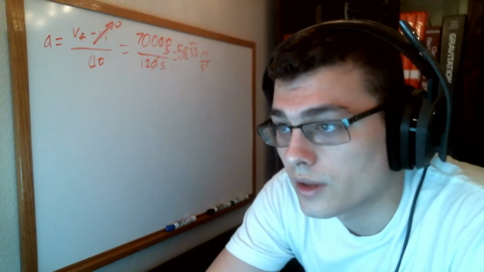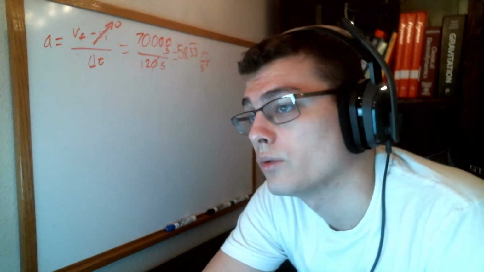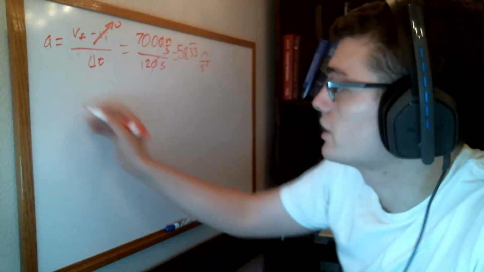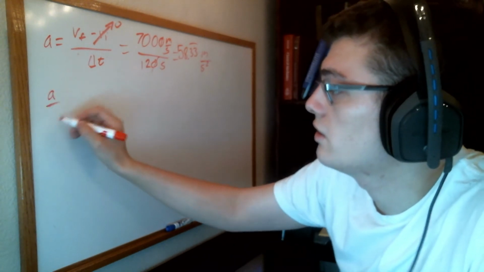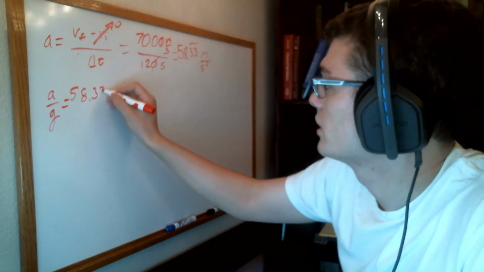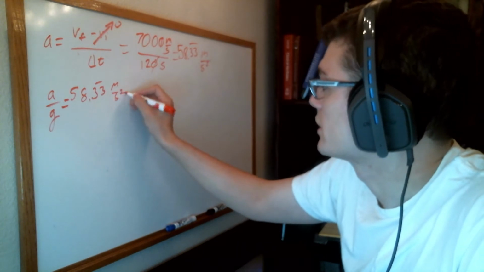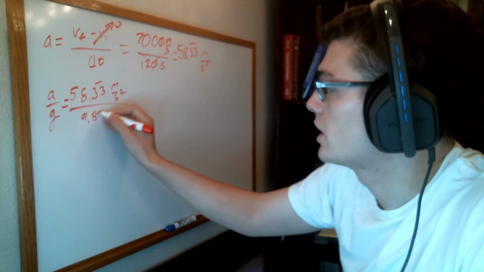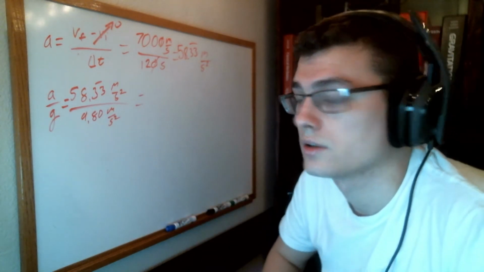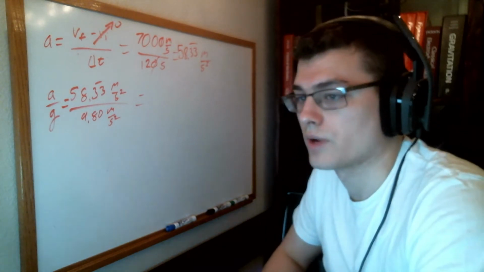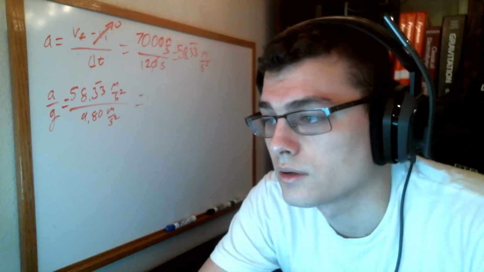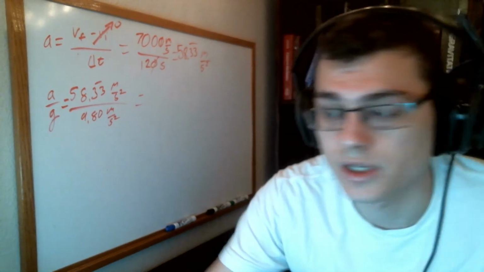So then other than that, oh, and it wants us to put it in terms of g. So all we have to do now is we have our acceleration, so we just need to take a over g, and so then we take 58.33 repeating meters per second squared, all over 9.80 meters per second squared, and that will give you the ratio of these two. So let's do that real quick. I'm going to chop off a bunch of zeros here.